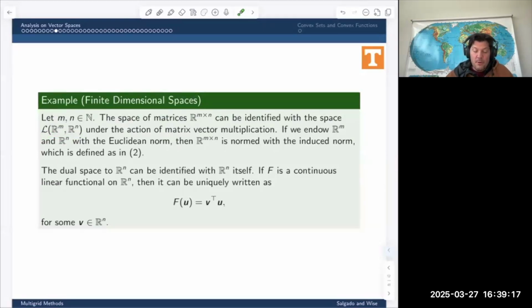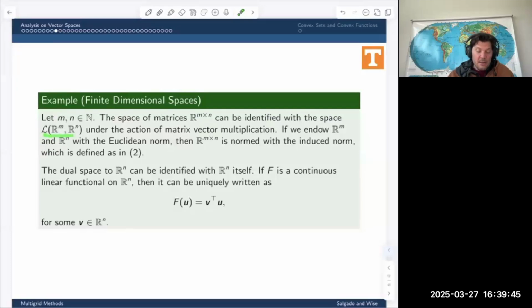For example, the prolongation and the restriction operators. These are non-square matrices which map the spaces of functions from one grid to another, right? And so we encounter matrices all the time. It just so happens that this space can always be identified with a space of matrices.